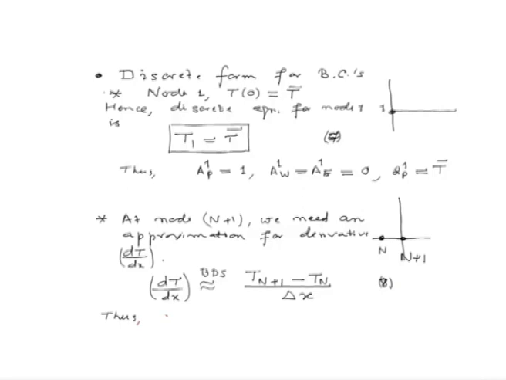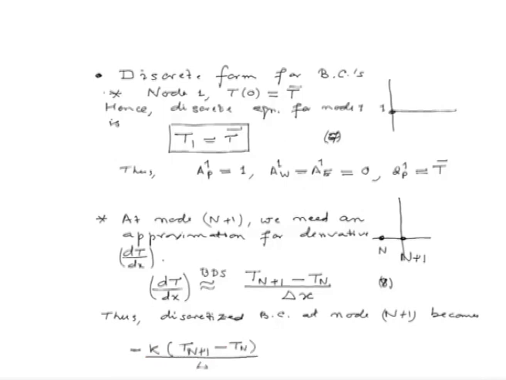Thus, discretized BC at node n plus 1 becomes minus k times Tn plus 1 minus Tn divided by delta x is equal to h times, on the right hand side T, that T corresponds to Tn plus 1 minus Ta.